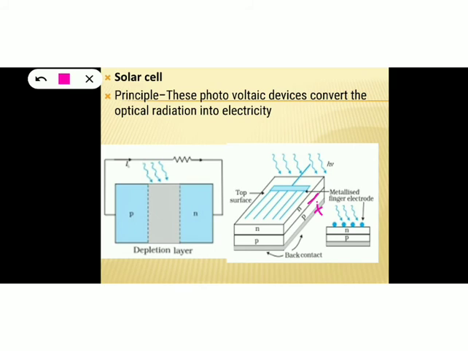Here the top surface is made of N type, and the back surface is made of P type. This current is the photo current, and the potential difference developed is called the photo voltage. So the working is similar to that of a photodiode. That's about the working of solar cell.